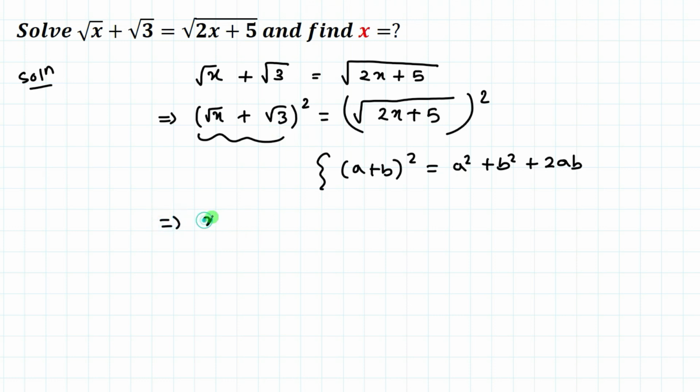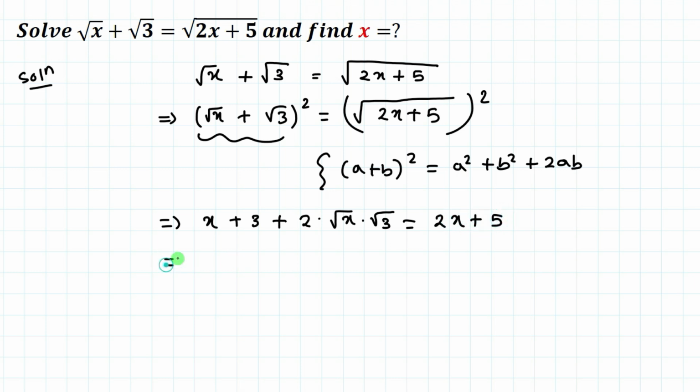Here I can write x, as squaring √x will give you x. Similarly, squaring √3 will give you 3, plus 2 multiplied with √x multiplied with √3, equals, squaring a root will cancel this radical, so here we have only 2x + 5.